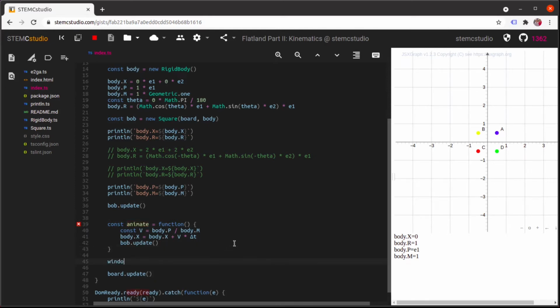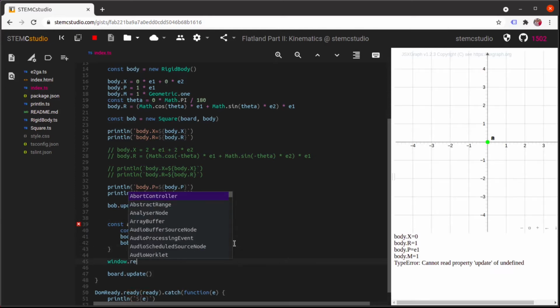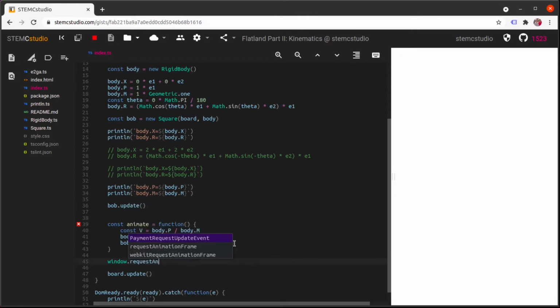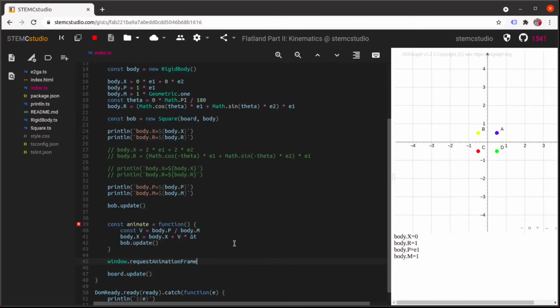Now what we want to do is go window dot, and we're going to call request animation frame. And when we get an animation frame, we're going to want to call the animate function. Okay, so what will happen here, I'll just do a format to get rid of some of these linting errors.